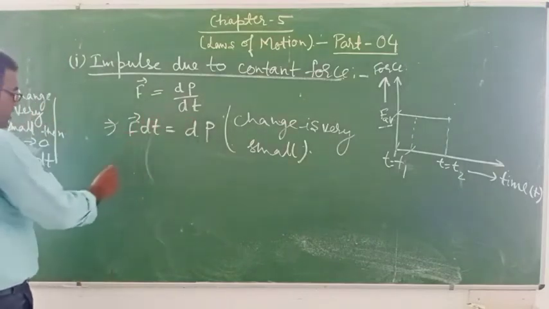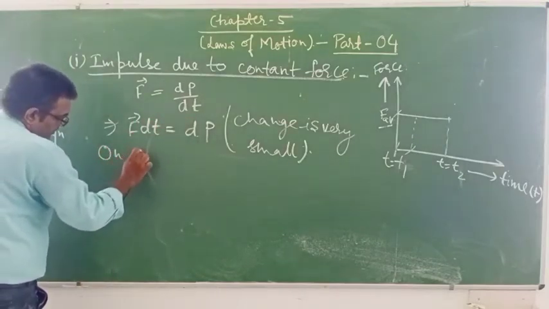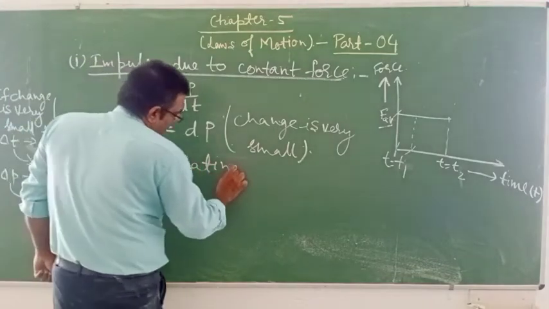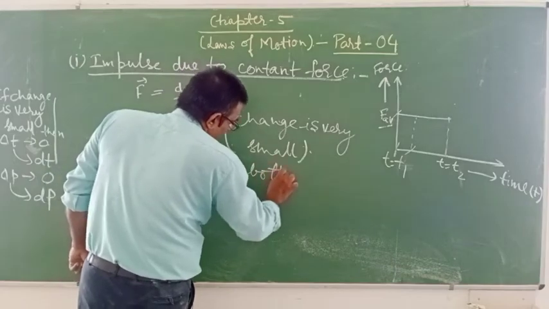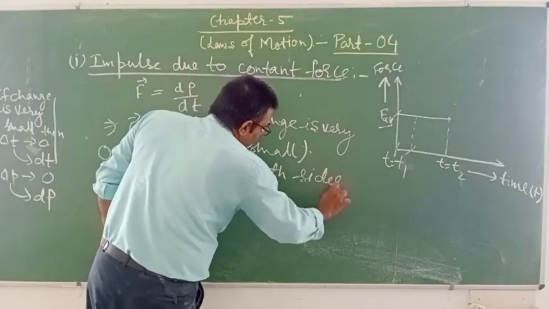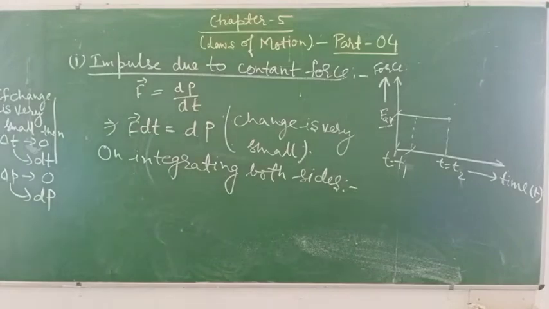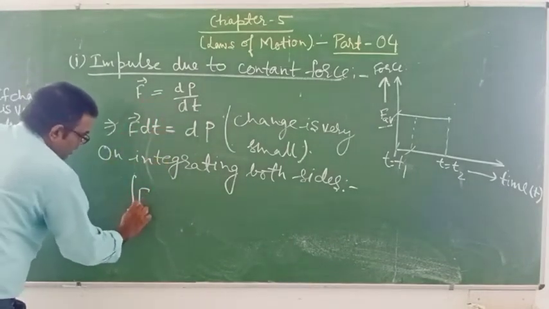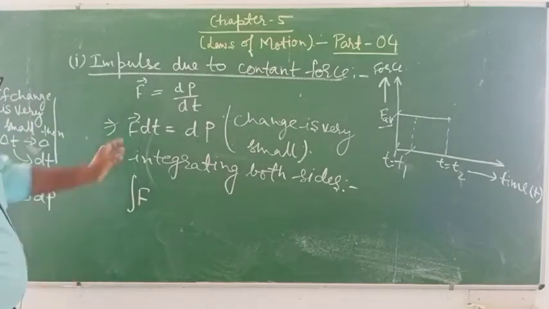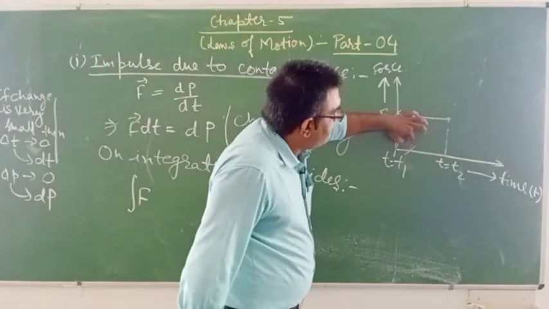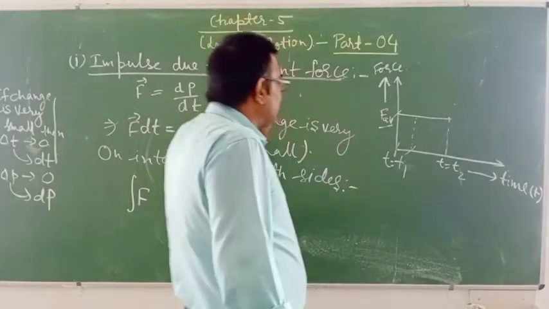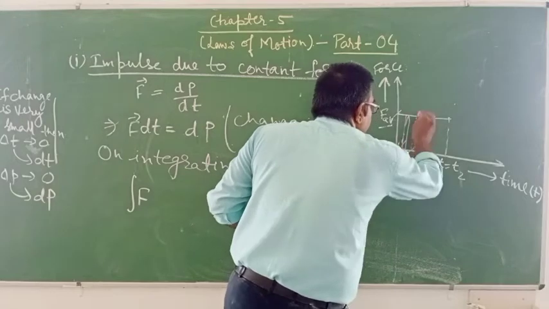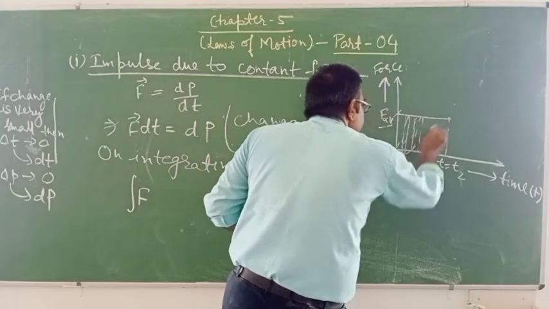Now integrating both sides. Because this is for a small time interval, various time intervals come for this; if this one is delta t, another delta t is this one, for the same constant force.